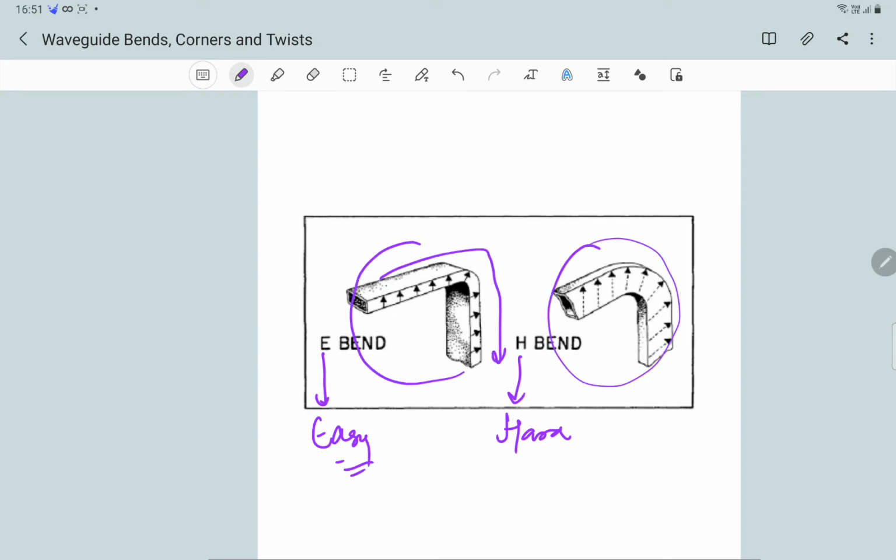If we have two waveguide bends, we must be able to differentiate one from the other. So an E bend is the bend that can be easily bent. A rectangular waveguide can be easily bent in this way rather than bending it this way.